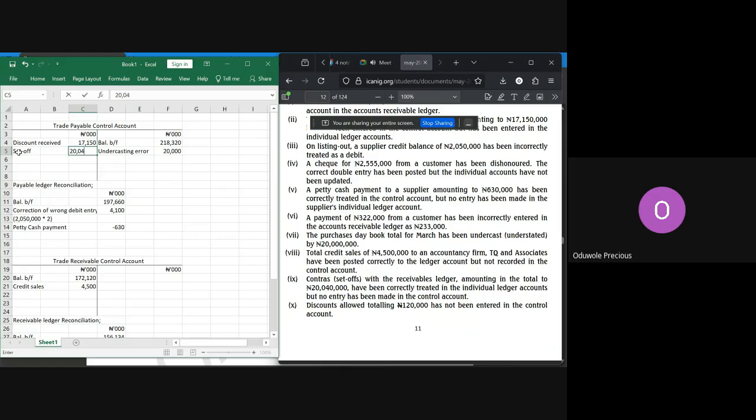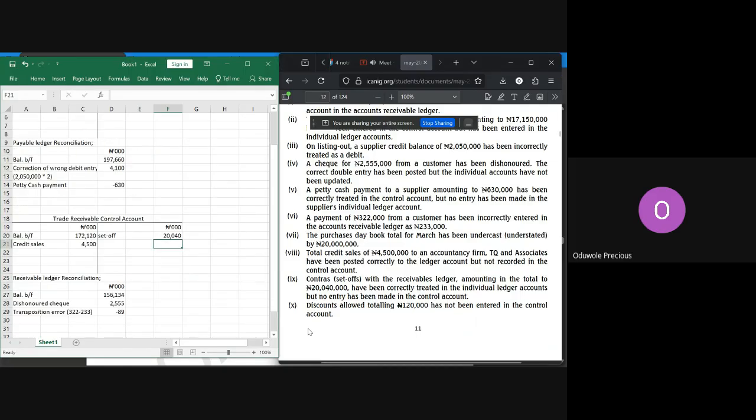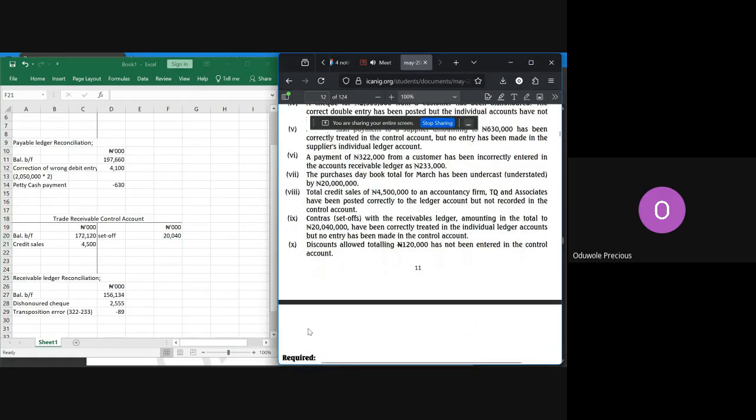My system will soon go off. So you just come here and write the second set-off, set-off at the same figure. Okay. Then the next one says only one thing has not been entered in the control account. This one relates to your customer. That's also trade receivable.